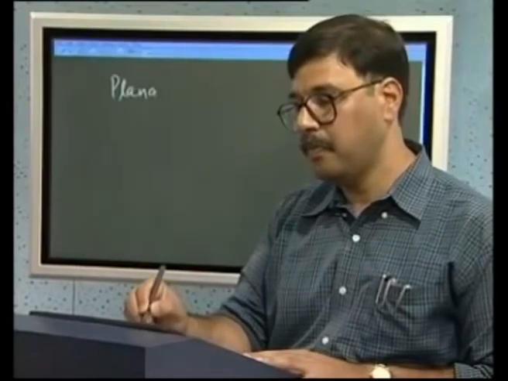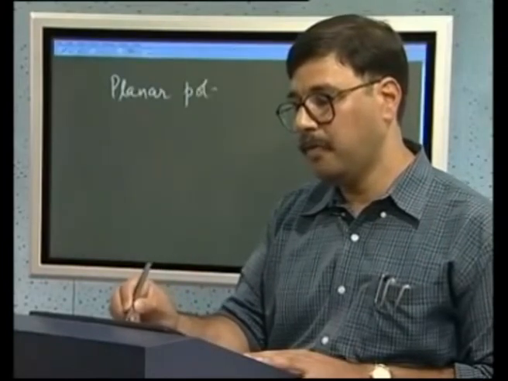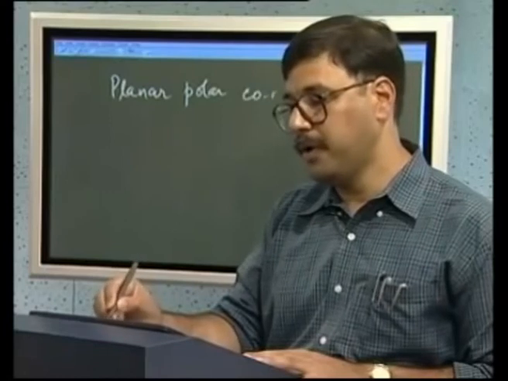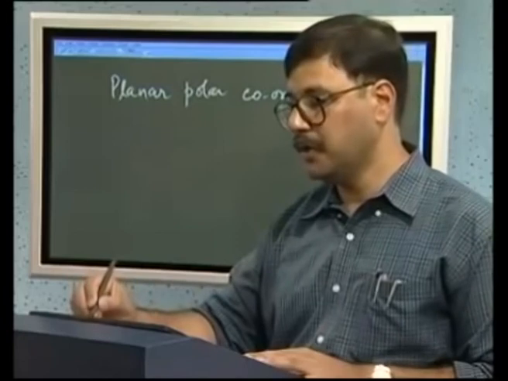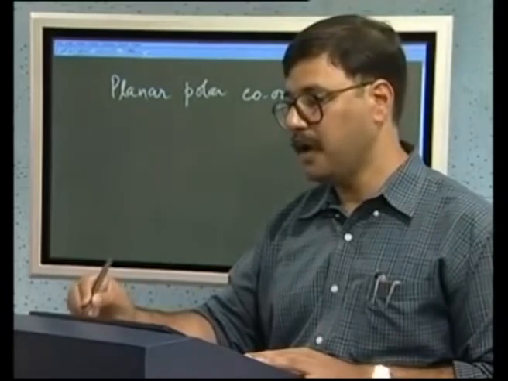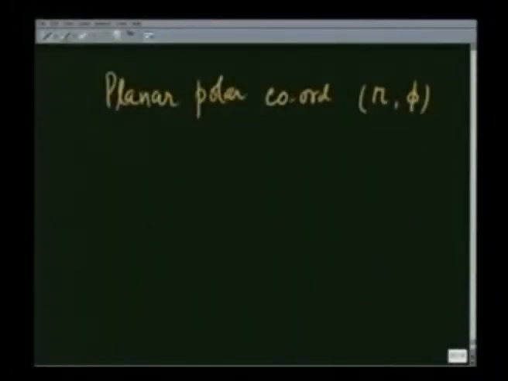To sum up the lecture, I would like to tell you that we covered planar polar coordinates, in which I described the motion in a plane using the radial distance and the angle from the x axis.